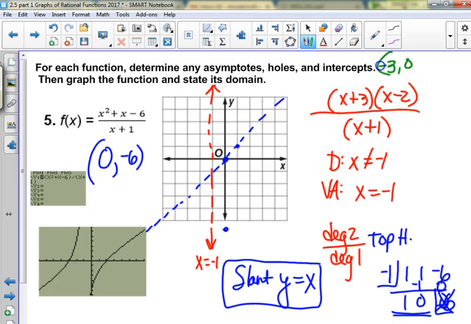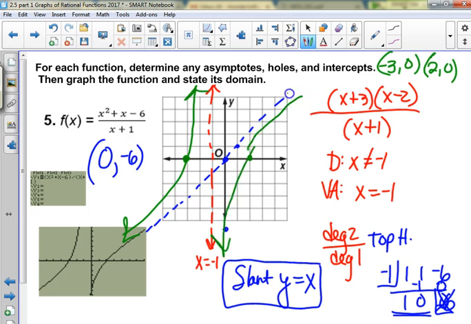Negative 3, 0, and 2, 0. It has an x-intercept at 2 and at negative 3. All right, this is the picture you get on your calculator. So it's doing this. And this.